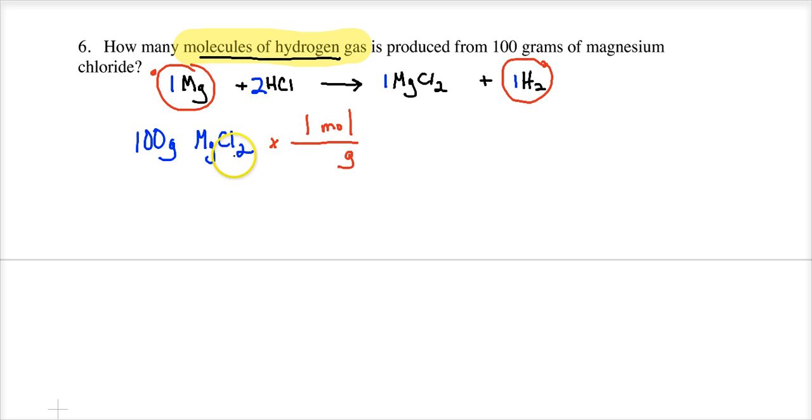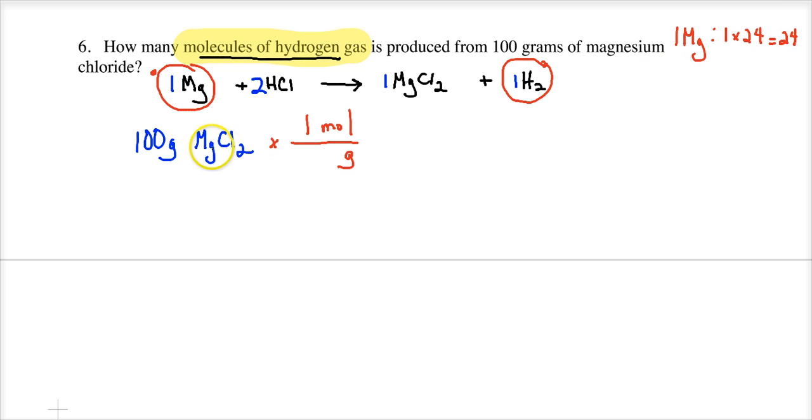Well, first of all, we have this formula, so we need a formula mass. So in 1 mole of magnesium chloride, I have 1 magnesium, 1 times 24. Now I'm getting this 24 from the periodic table. It's the atomic mass. A mole of magnesium is equal to its atomic mass because we made it that way. Another lecture for another day.